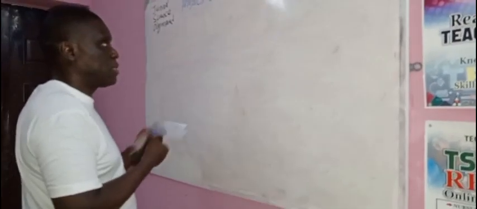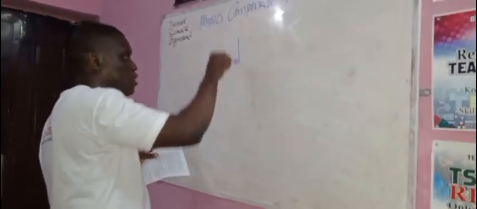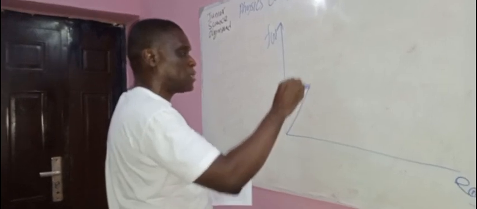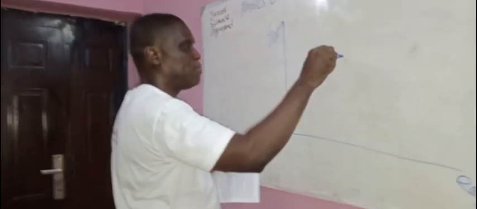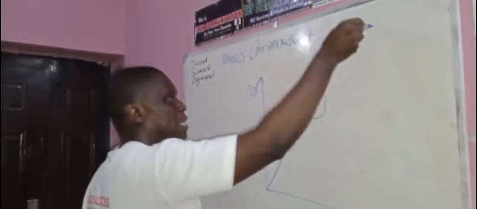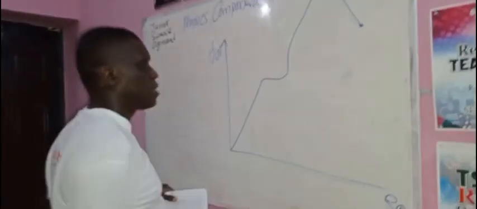Now, if you apply force to an object, it extends, extension in meters, force in Newtons. The object starts responding proportionally. Then at the point it starts misbehaving, and then at the peak, it begins to collapse.